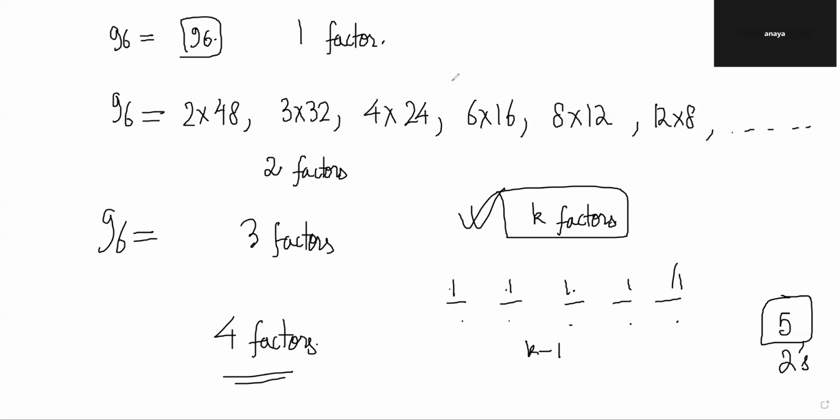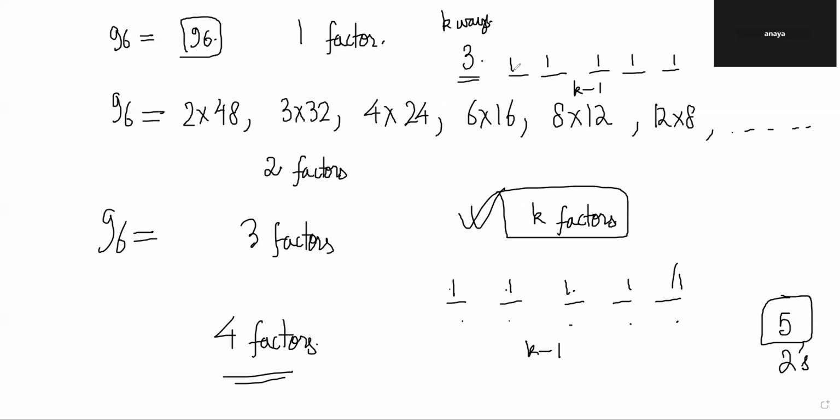I have given one of them a 3, which was done in k ways. Now I have to supply 2's to the remaining k minus 1 factors, and I have to give at least one 2 to each for sure.